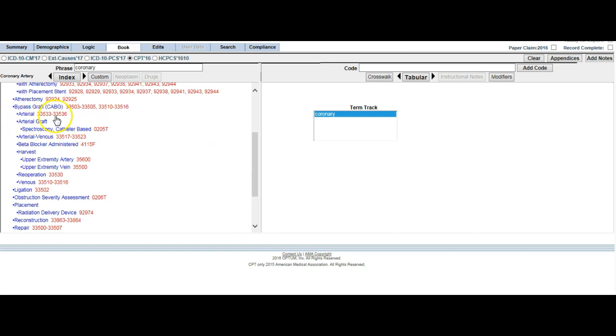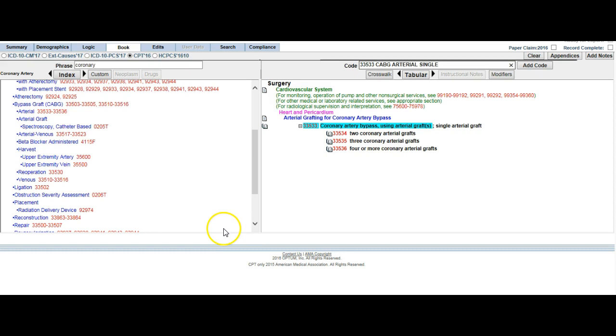So let's look at arterial first. We have arterial grafting for coronary artery bypass graft, and it's giving us a code range for using arterial grafts, single arterial graft.